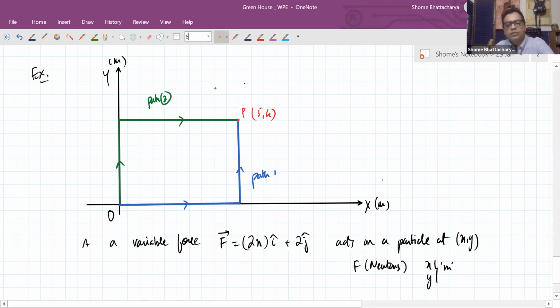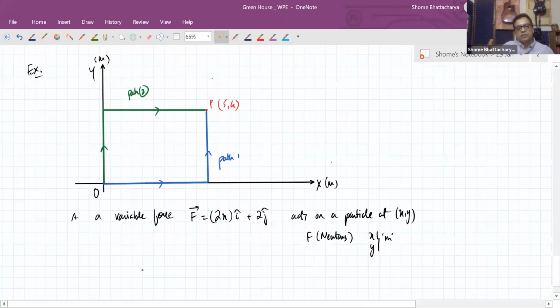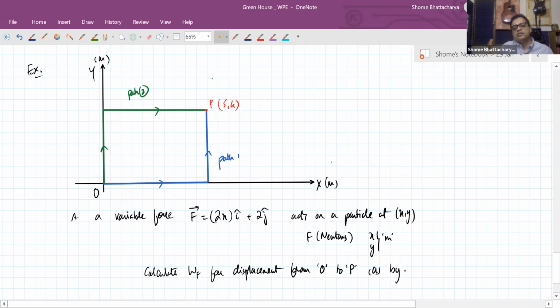So what we have to do now is calculate the work done by F for the displacement from origin to the point P that is shown by path 1 and secondly by path 2.